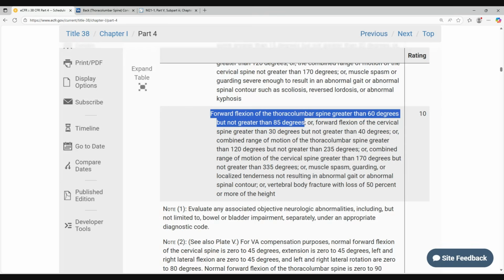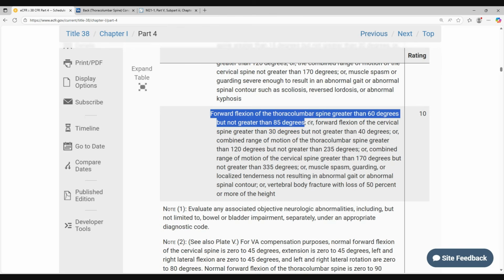If you are able to bend halfway over, that's 90 degrees. If you can bend 90 degrees or more to try to touch your toes, then you are not 10%. If you equate to 85 degrees, then that would score you the 10% evaluation.